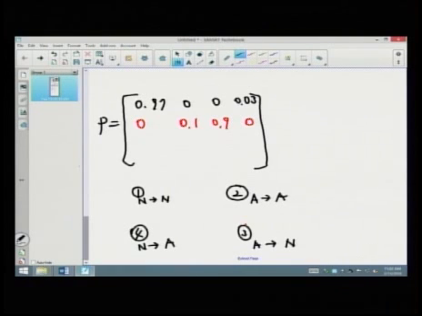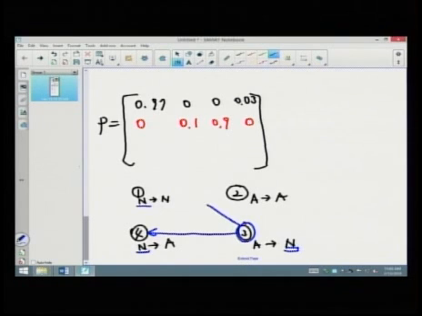Now let's start from state number 3. What transitions occur? Because this and this match, right? So we have this transition. What is that? And also this and this match.